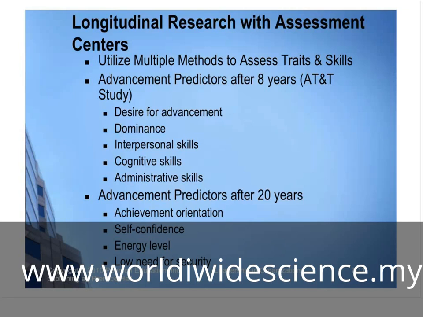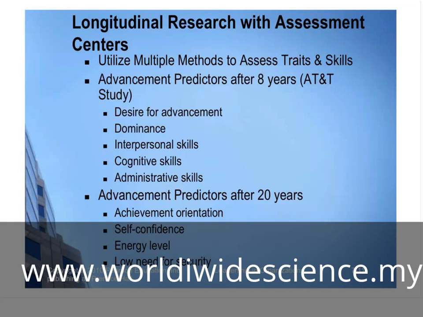So AT&T thought after the research that the desire for advancement was really important because companies want to advance, want to get better, want to move on and move forward. So that was one of the most common leadership traits.